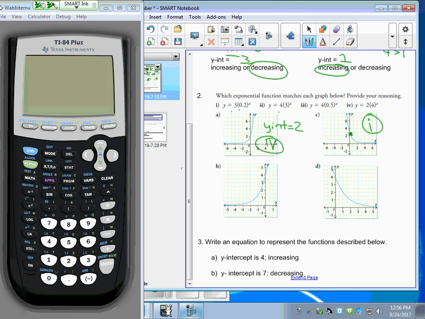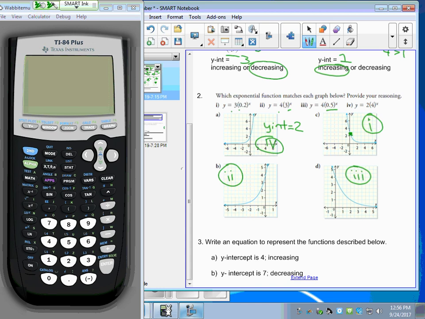If we look at 2, this one has a b value of 3, and if we look at 3, this one has a b value of 0.5. So 0.5 is going to be decreasing. That's this one, it goes from top to bottom. It's D, and then B is going to be the other one, 2.